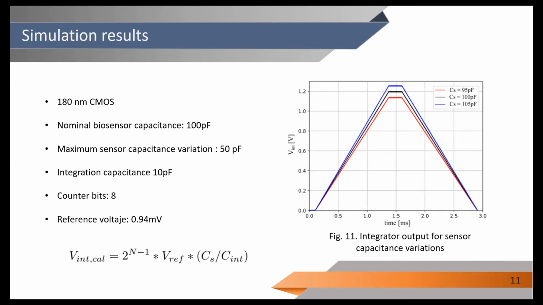Since the maximum integrator output voltage must be less than the supply voltage, for a maximum integrator voltage of 1.2 volts, an integrator step voltage of 9.4 millivolts is obtained, and then the reference voltage is 0.94 millivolts, putting all these parameters in this equation.